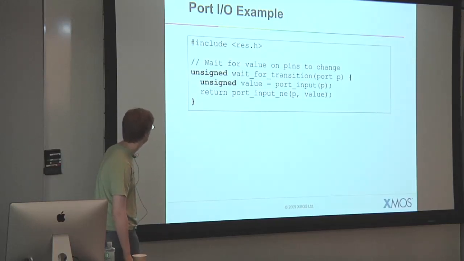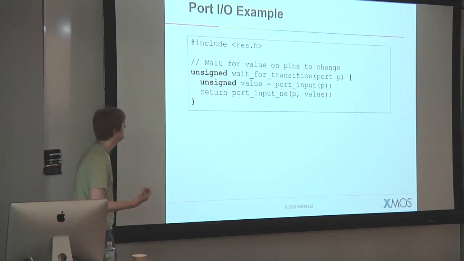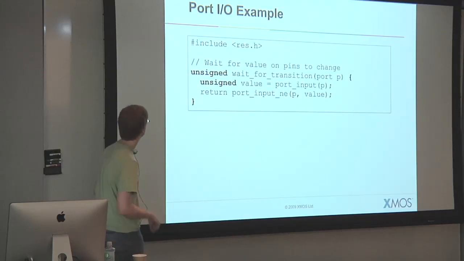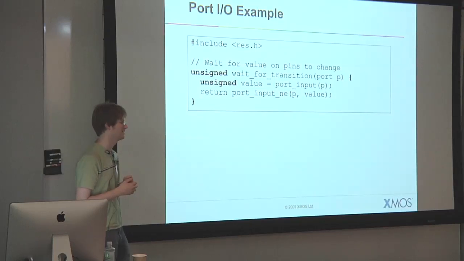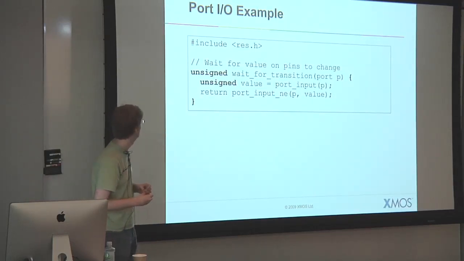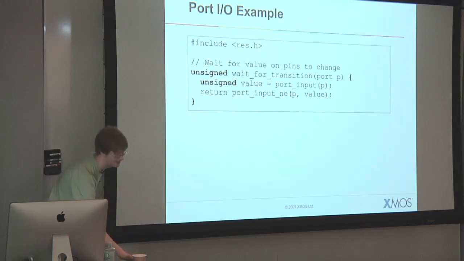Then there's port input NE, which stands for not equal, so you can do some basic pattern matching on ports. You can wait for certain conditions to become true. In this case, this function is waiting for a transition on a port. It gets the current value with port input, and then calls port input not equal with that value, which will cause it to wait until the value changes, and the new value will be returned.